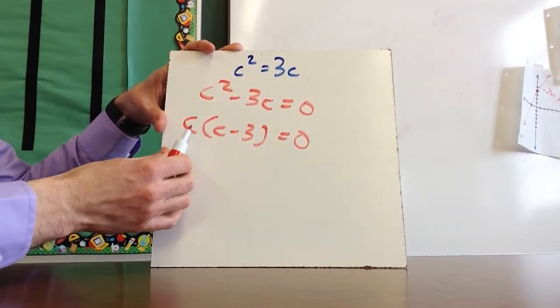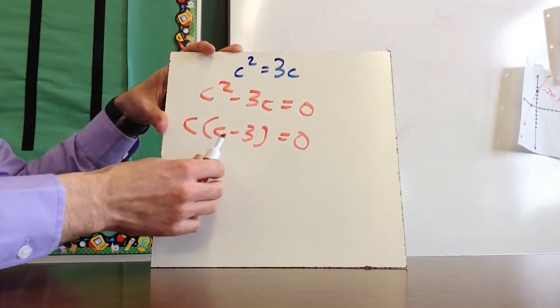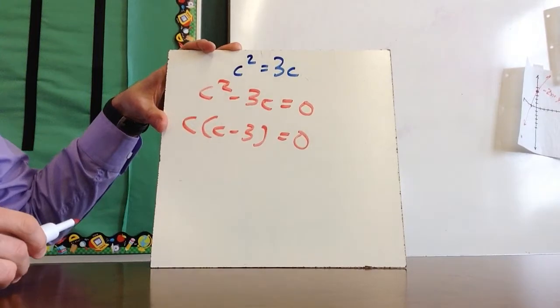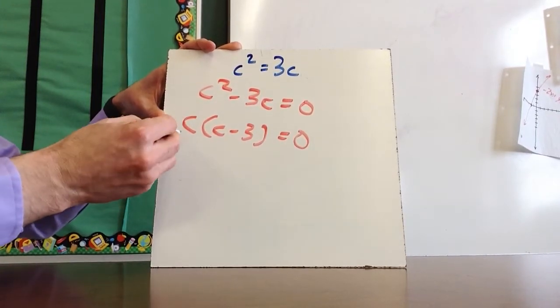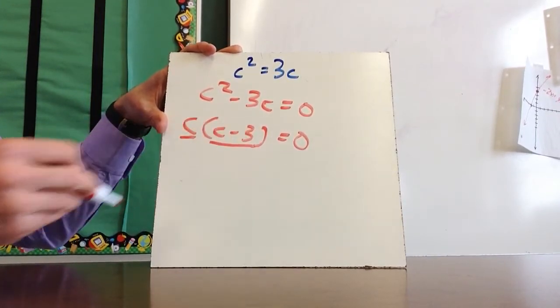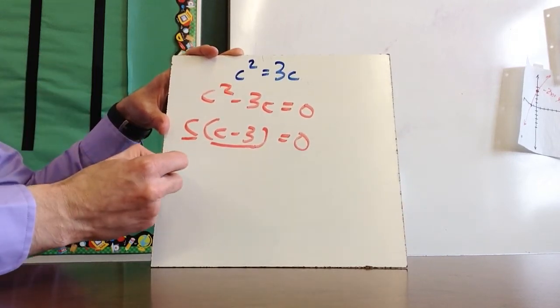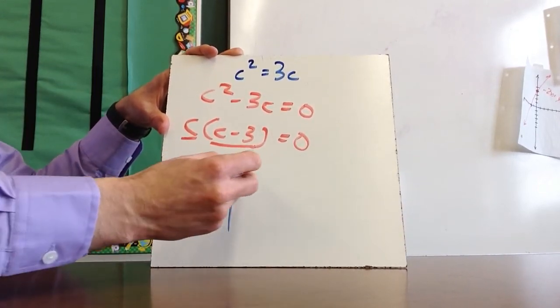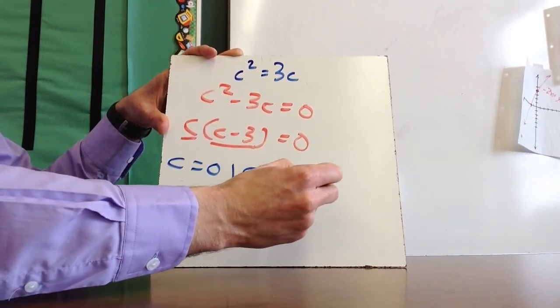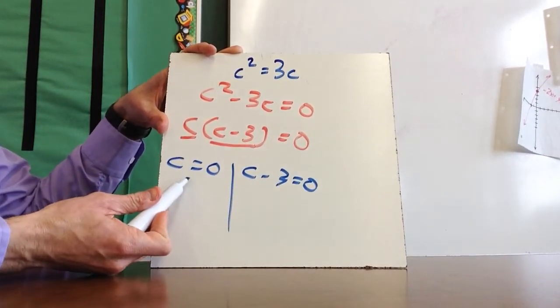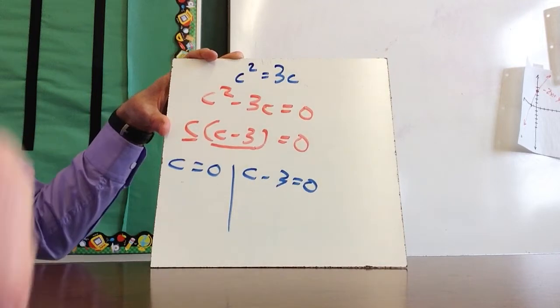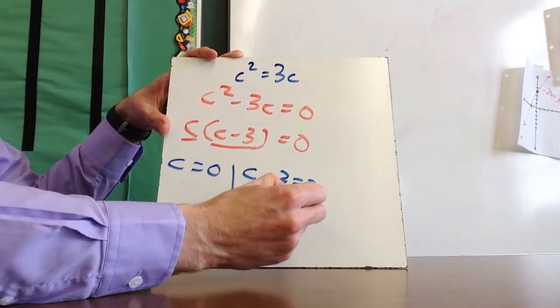So I now have a multiplication problem. c times c minus 3 equals 0, which means that either this number or this number would have to be 0 for this statement to be true. So I can either go c equals 0 or c minus 3 equals 0. Well, this one's easy to solve. It's already solved for me. And then this side is not going to be too bad either.